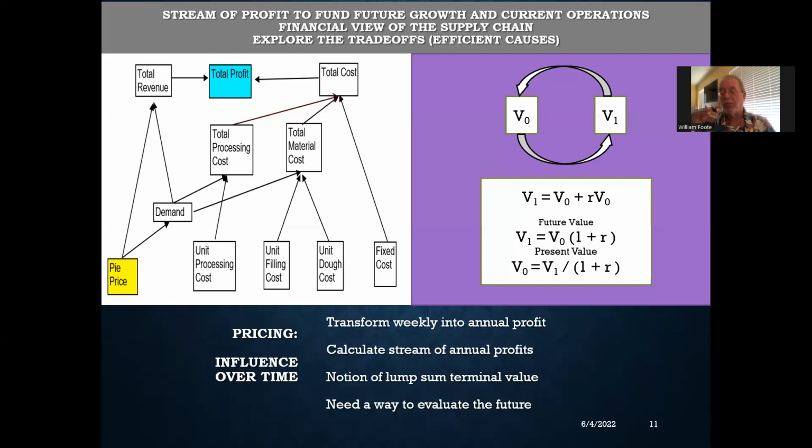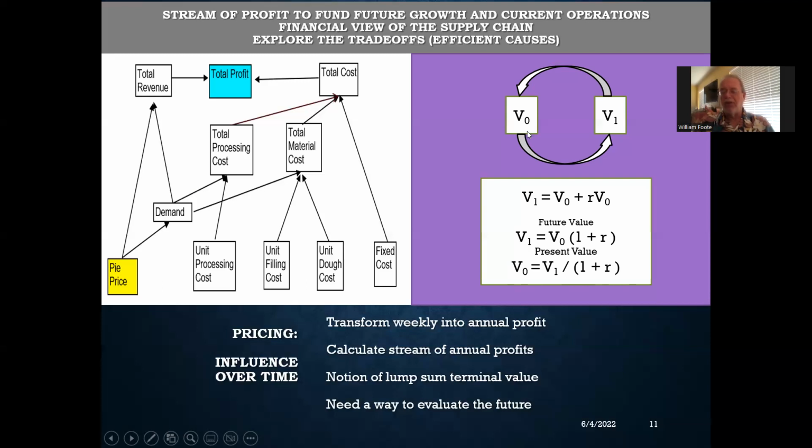Then, doing a little bit more algebra, we can isolate the present value by dividing both sides by 1 plus R. And 1 plus R over 1 plus R is always equal to 1, and anything times 1 is itself. Okay, there we go, a little algebra. And we have V0 is V1 over 1 plus R. This is the fundamental valuation equation of finance, but of anything that grows, basically.